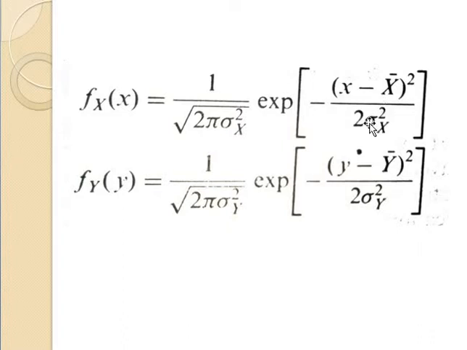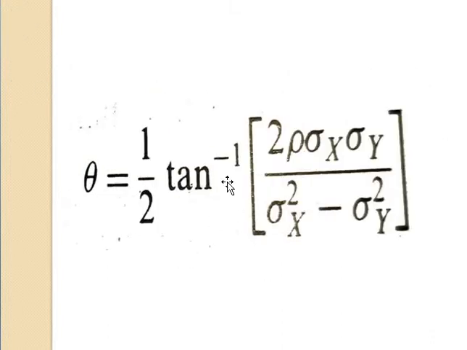It results that a coordinate rotation of the x-y plane through the angle one half tan inverse of 2 rho times the standard deviation of x and the standard deviation of y, divided by the variance of x minus the variance of y, is the expression which gives the rotation.